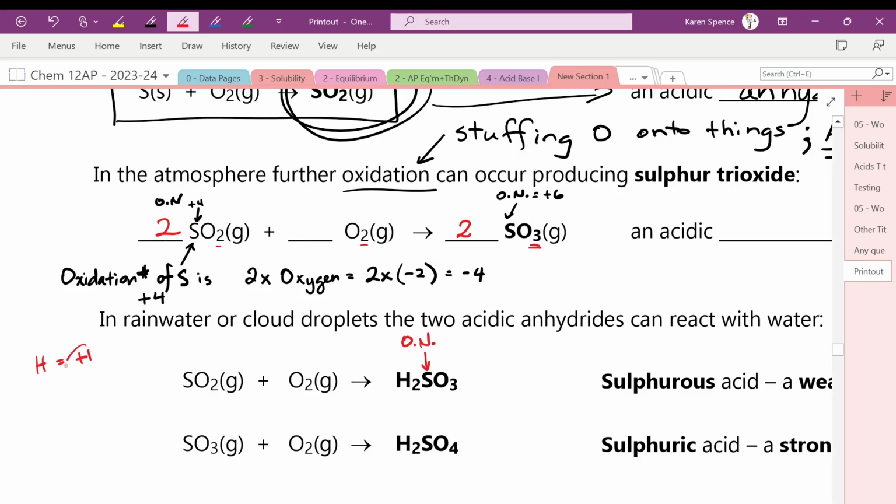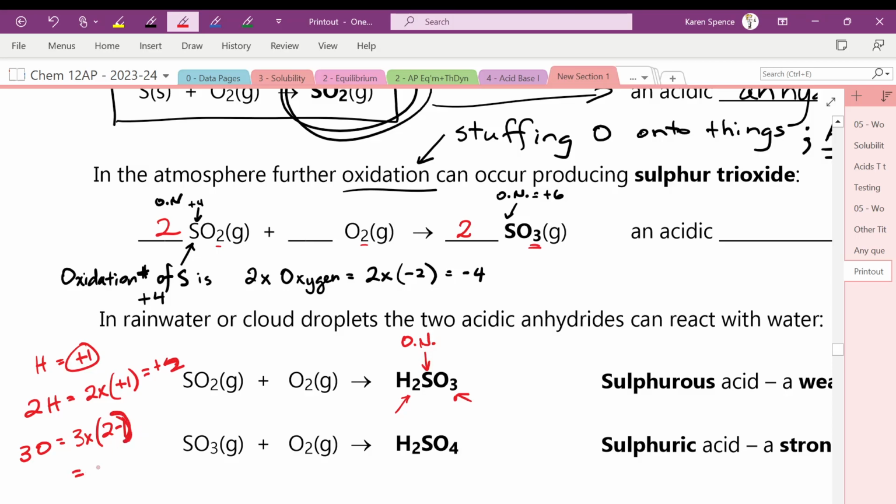Therefore, what's the charge of hydrogen? +1. We have 2 hydrogens, so that's 2 times +1, which is +2. Now from our oxygen, we have 3 oxygens. What's the normal charge of oxygen? 2-, right?